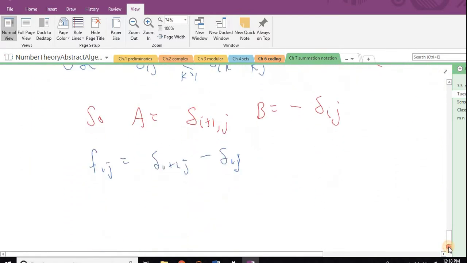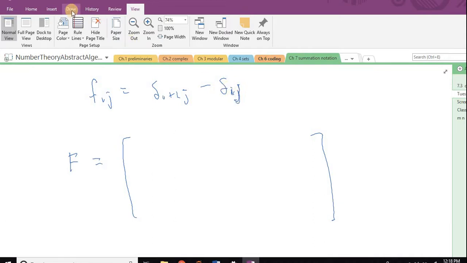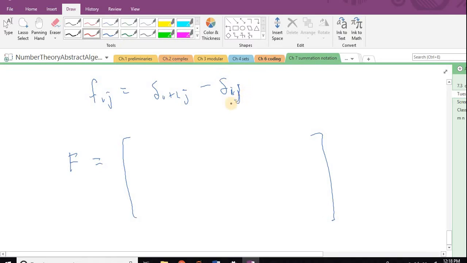Okay. All right, so if I was going to write the matrix F, now delta_{i+1,j}, well, first the delta_ij, that's the same thing as the identity. This gives me the identity matrix. We talked about that before.